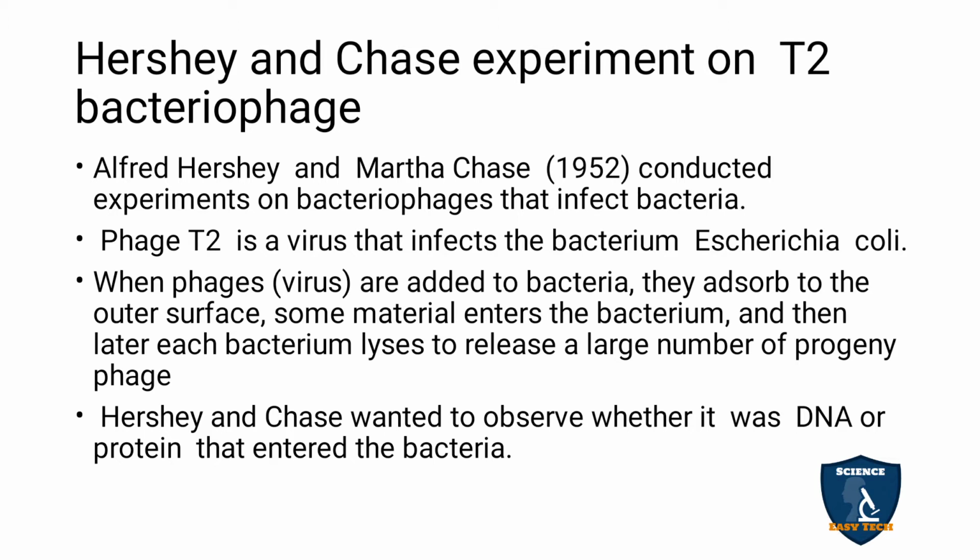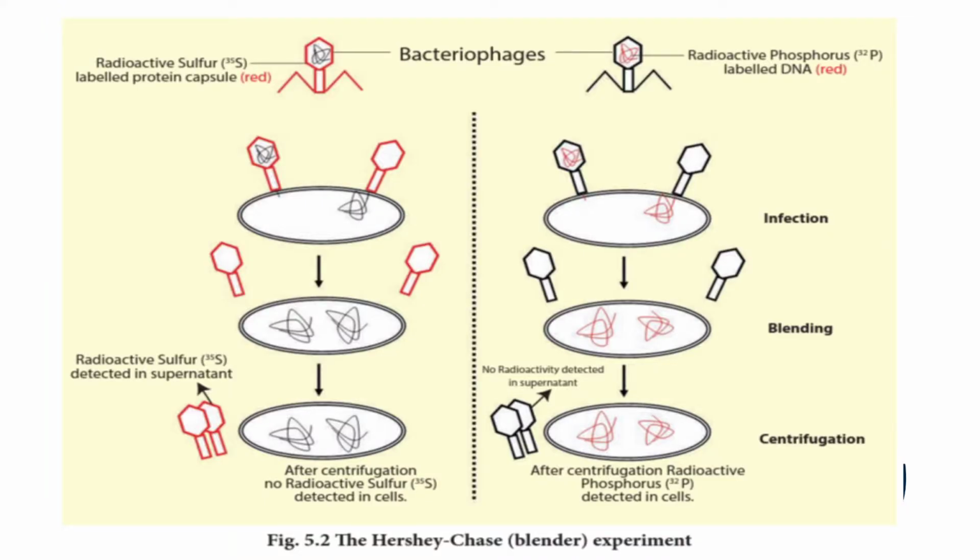This is the normal procedure, the lytic cycle of virus, which you studied in the viruses lesson last year. Hershey and Chase wanted to observe whether it was DNA or protein that entered the bacteria, that is, whether DNA or protein was harming the bacteria. For this, they conducted a cross.